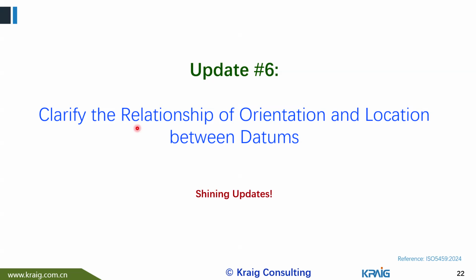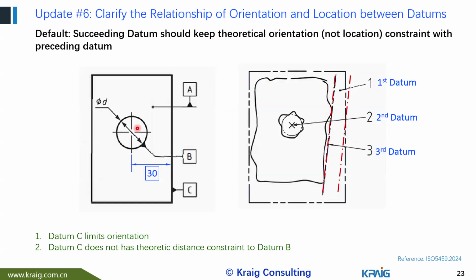So this update tells you the relationship, how the succeeding datum is related to the preceding datum. Let's look at one of the joints here. For example, datum A is a top surface, datum B is a hole, and datum C is a side surface. So how can we use datums A, B, C to locate a part?